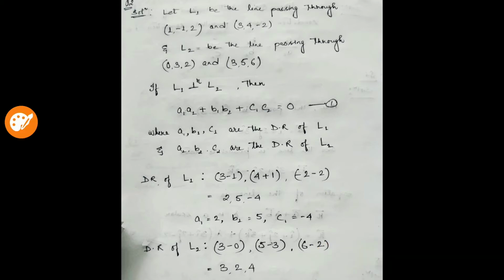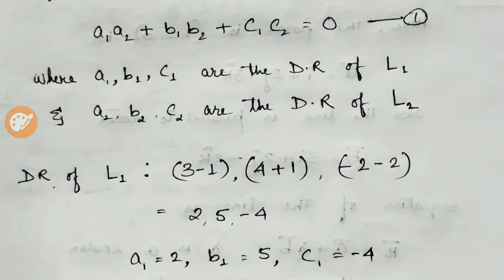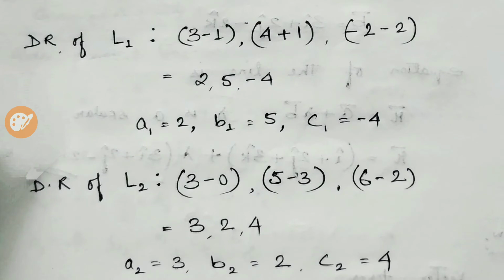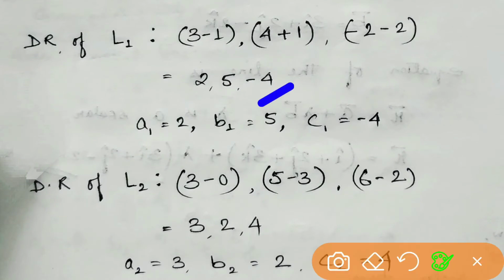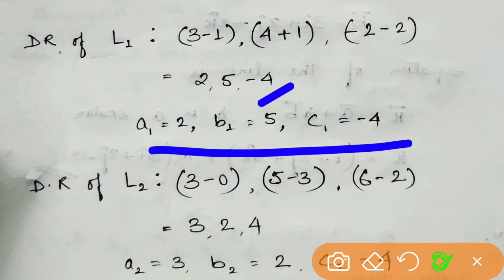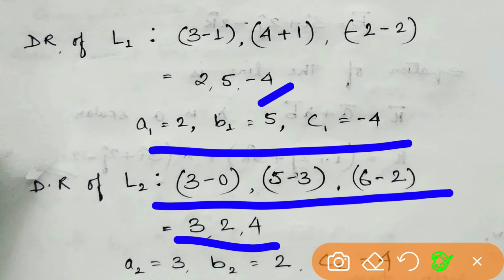Then next one, minus 2 minus 2, so you can see I have written minus 4. So this is how I'll be finding my direction ratios. Okay, for line 1 two points are given, so I can easily find the direction ratios, so I have written here. For line 2 similarly I'll be finding the direction ratios, so I got them.